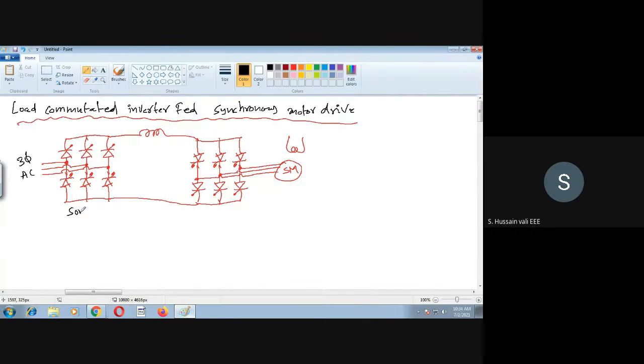You call this the source side converter. It converts AC to DC. Now assume that the voltage here is VDS. This inductor, you know very well what its purpose is. We maintain this current almost constant, so ID current. Whereas this voltage is VDL.